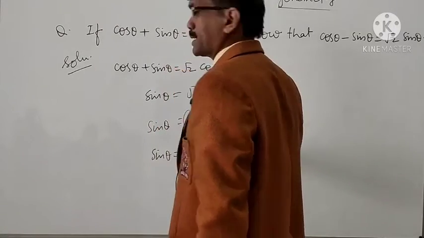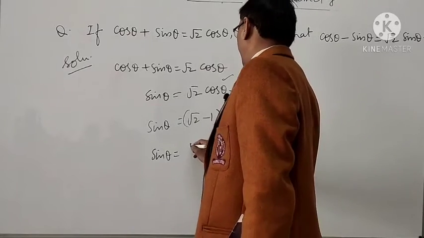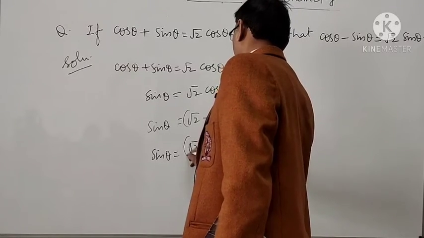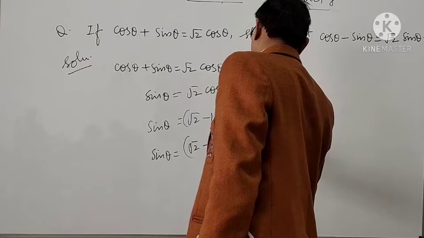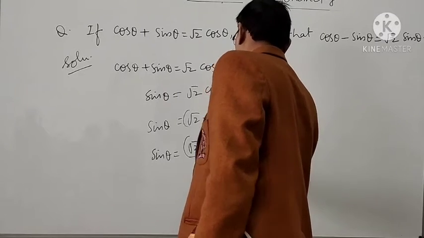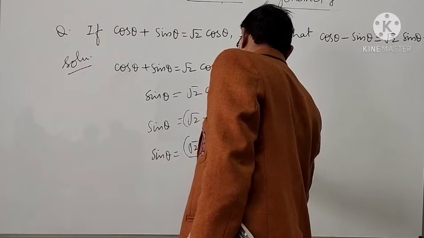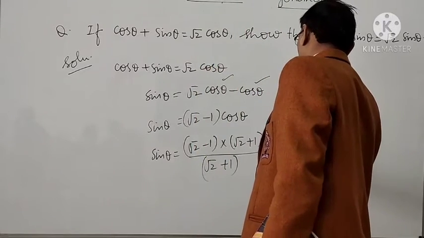Now we will rationalize this, so it will be root 2 minus 1 into root 2 plus 1 upon root 2 plus 1 into cos theta.